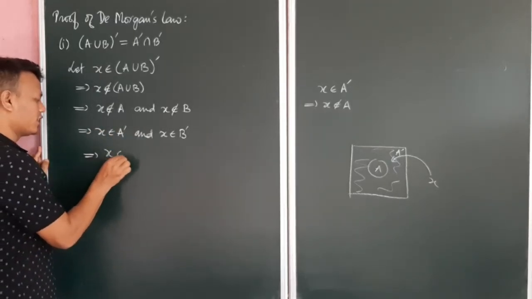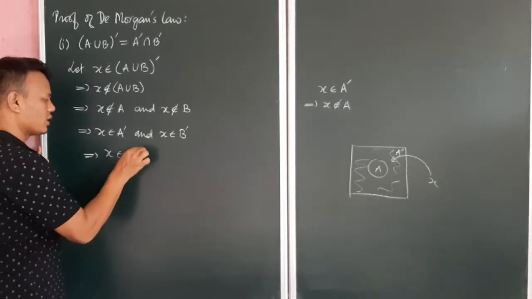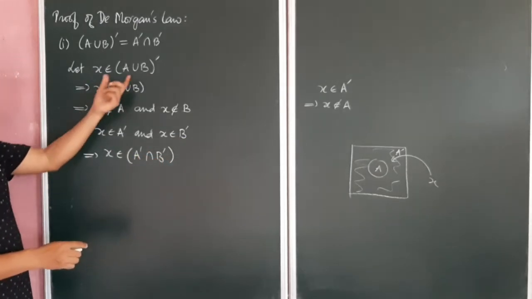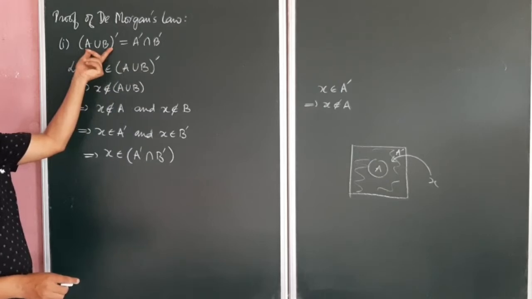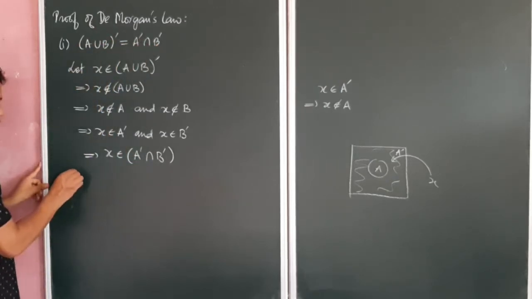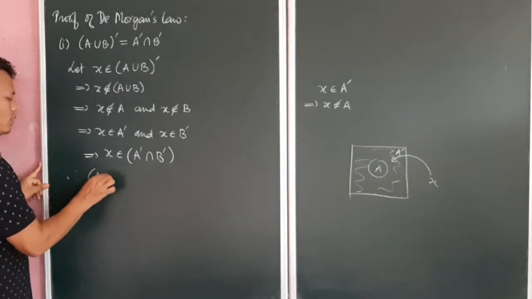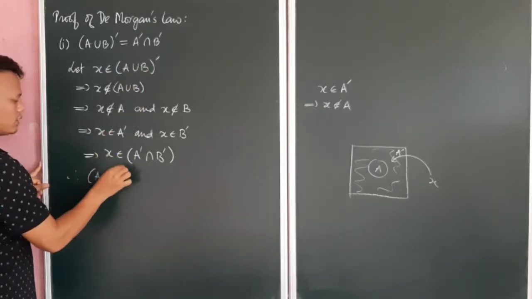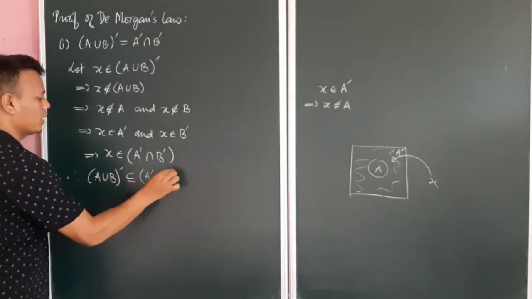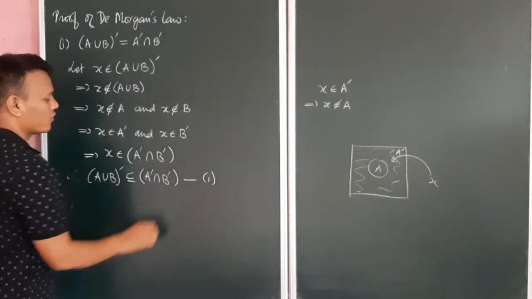So x belongs to A dash intersection B dash. See, I chose a random element from here and I showed that that random element is a part of this as well, isn't it? So this means that A union B complement is a subset of A complement intersection B complement. So this is my first part.